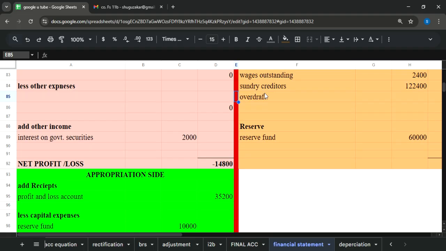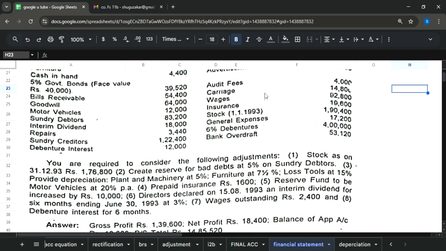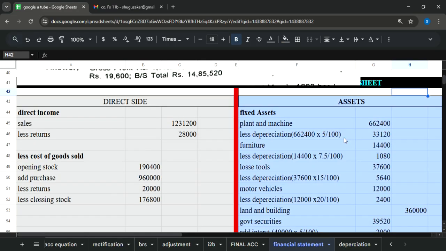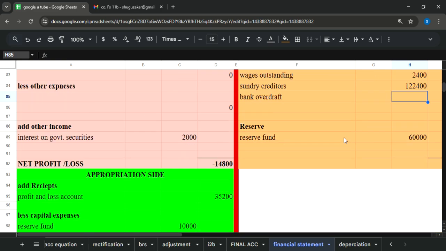Proper word should be written, and the proper word was bank overdraft. Now let's see how much the bank overdraft is. 53,120. In the current liability side, we have recorded it.